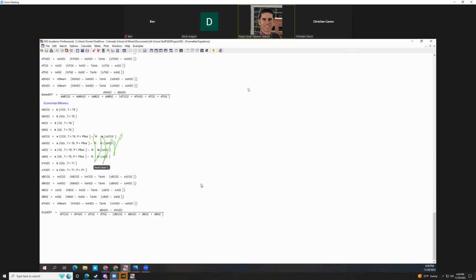If you actually use the partial pressure of every single one, which basically would be y of CO2 times what you call here P flue, and the same for every single one here, that way it's going to give you the partial pressure of every single one, and that takes care of this. I see. Does that make sense?